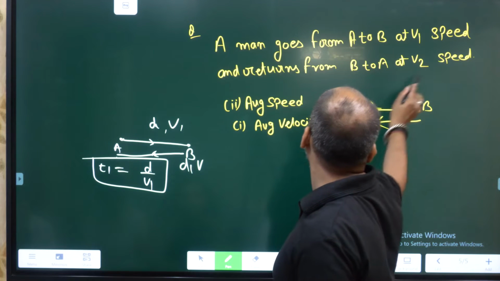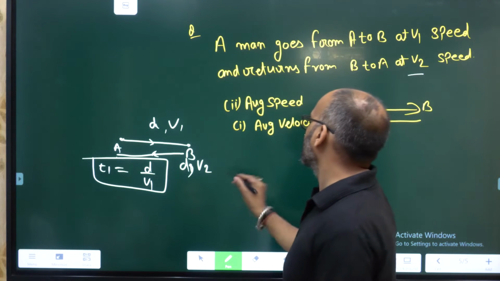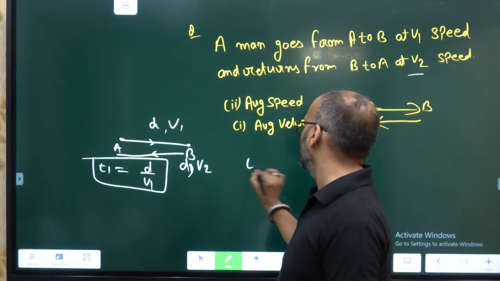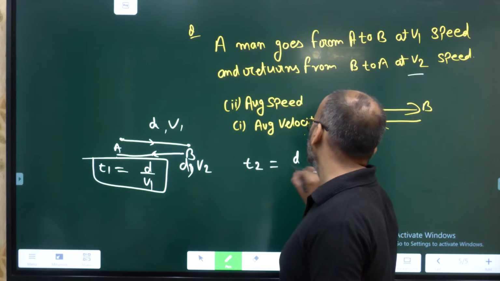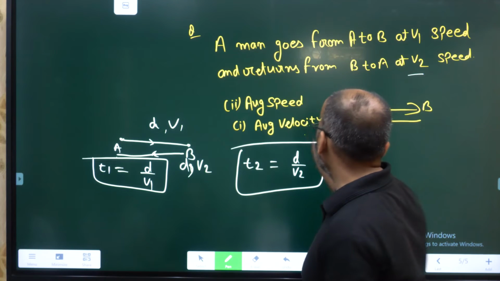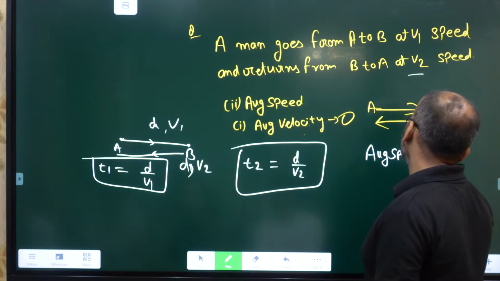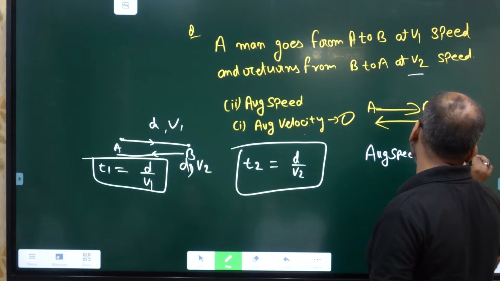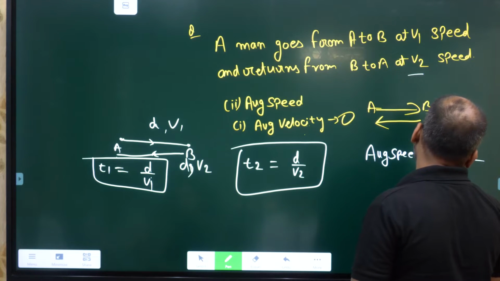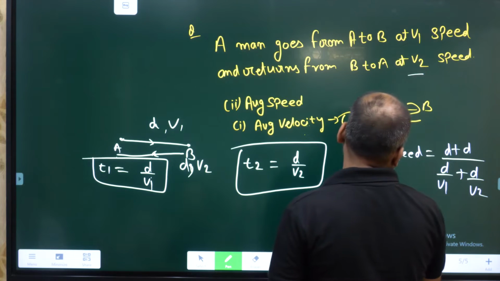Speed is V2. Let the time taken to return from B to A be T2. So T2 equals D upon V2. Average speed is total distance upon total time. So total distance is D plus D, that is 2D, divided by total time, that is D upon V1 plus D upon V2. Now you can do the calculations.